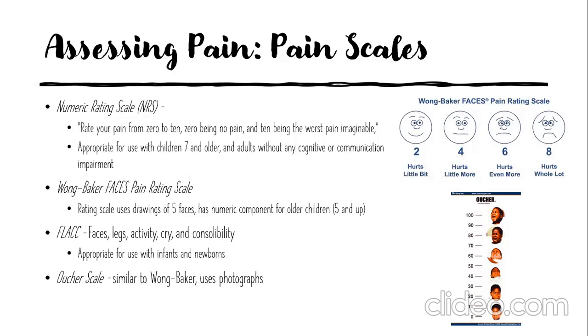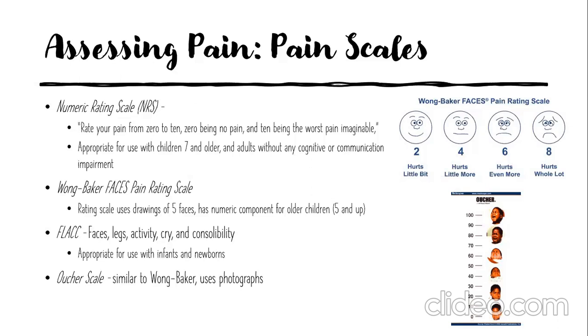So if you have an adult with profound intellectual disability who only functions at the level of a 6-year-old, they may not be able to rate their pain from 0 to 10. So just show them the FACES if that's what you need to do.